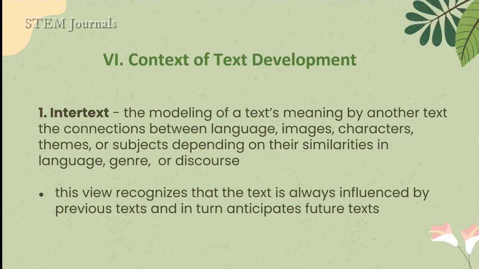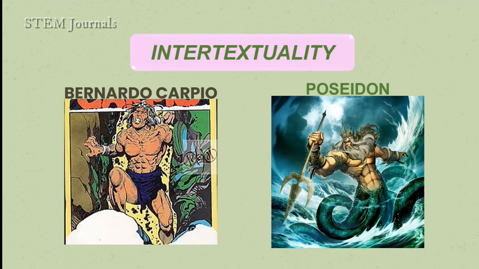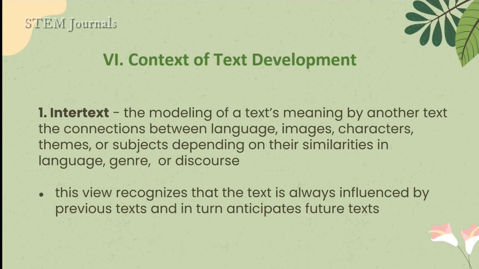Next is intertext. Sa intertext naman, the modeling of a text meaning by another text. The connections between language, images, characters, themes, or subjects depending on their similarities in language, genre, or discourse. Ayan. Always influenced by previous text. So, this is an example of intertextuality. Para siyang adaptation. So, na-discuss naman na ninyo yung adaptation, right? Meron siyang mga, ayan, ginamitan niya ng modeling.